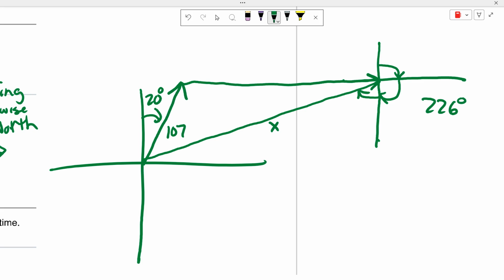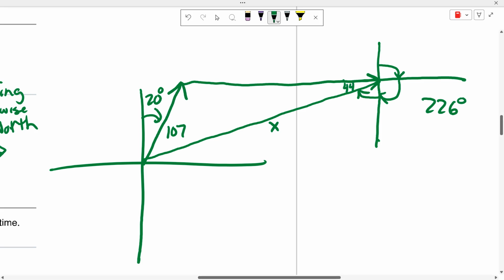Yeah. Now, here's 90 degrees. Here's 180. Going up to this east-west line here, that's 270. So he made it 226 degrees of the 270 degrees. What's left for that angle? 44. So this is a 44 degree angle.